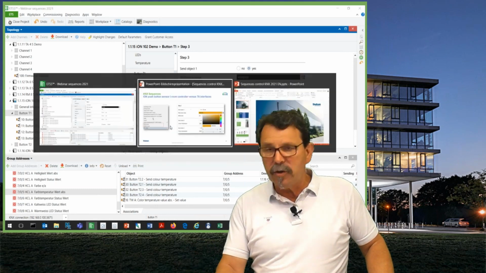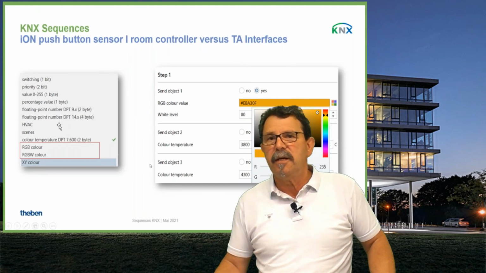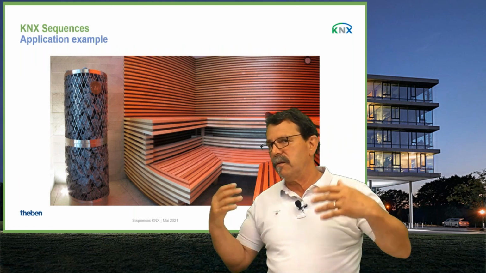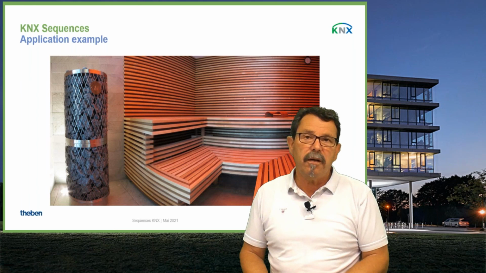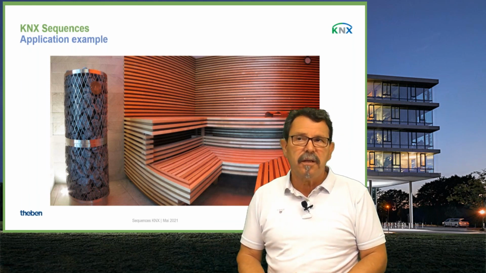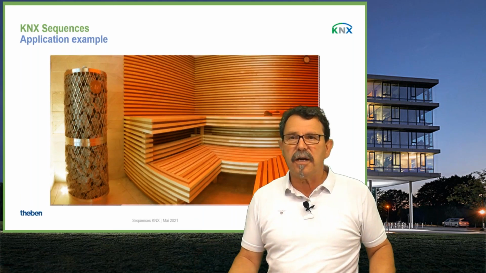For which purpose you may use this could be, for instance, such things like a specific event, probably in your private property, could be as well in a sauna area, for instance, and this sequence is giving you different color moods.